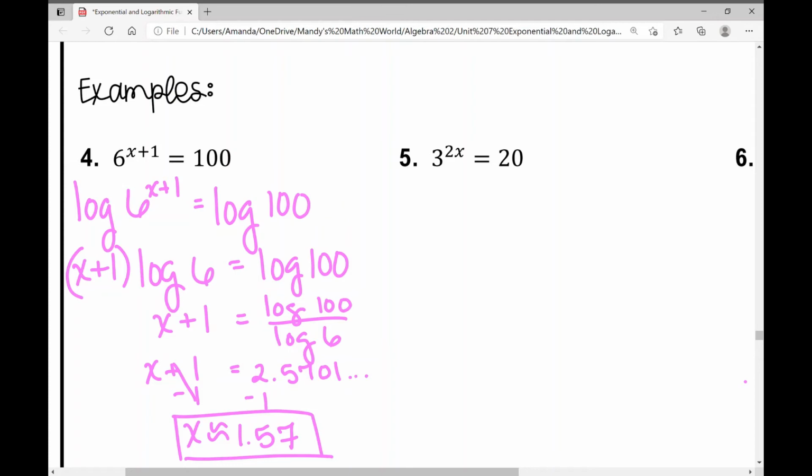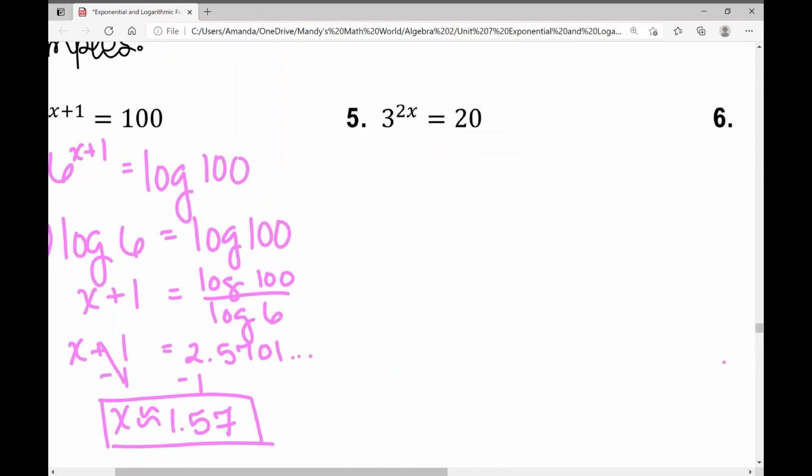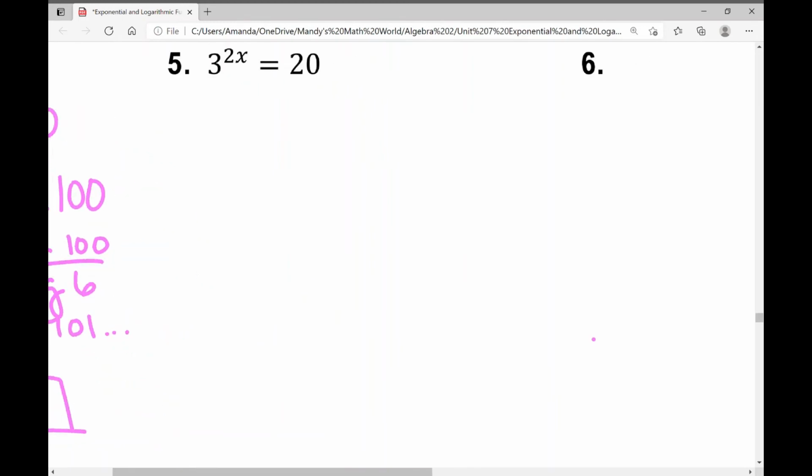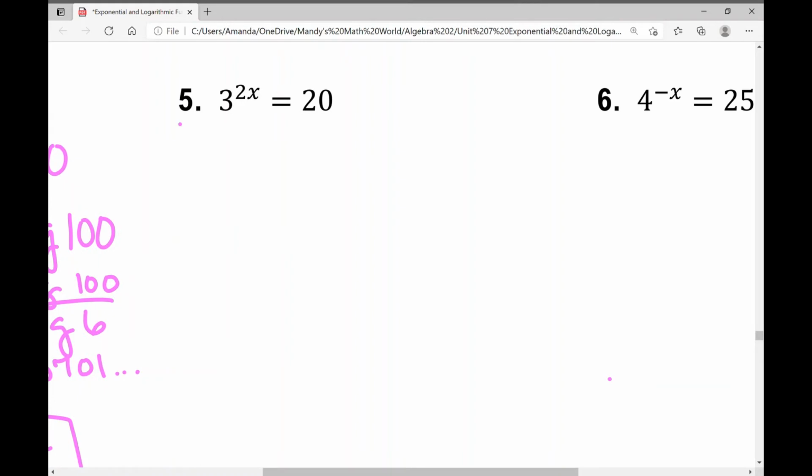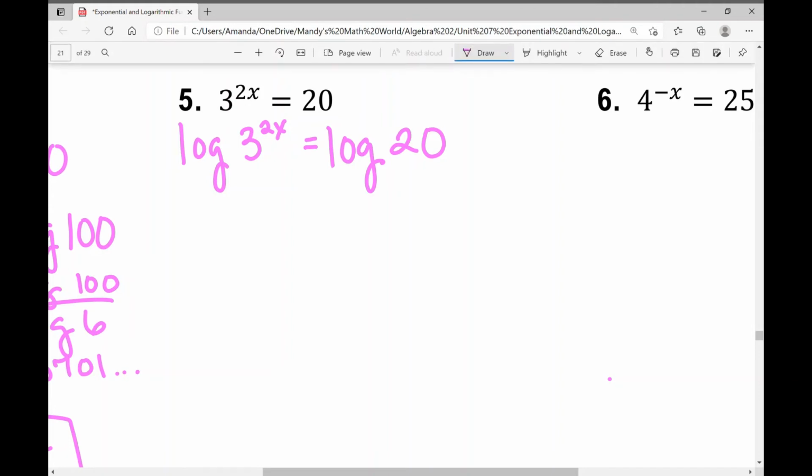Let's move on to number 5. So number 5 is another example. I cannot create an expression with the same base, so I'm going to take the log of both sides. I'm going to do exactly what we just did. So I'm going to take the log of 3 to the power of 2x equals, what I do to one side, I have to do to the other, log of 20. Apply my properties of logarithms. I can take that exponent and make it 2x times the log of 3.